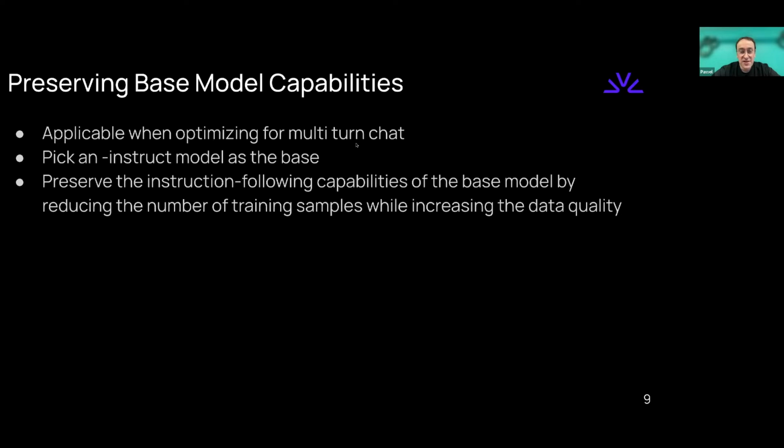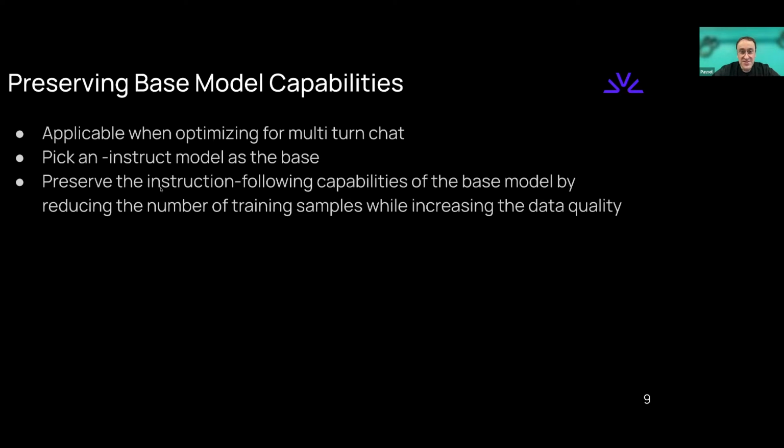So what we are doing nowadays when tuning function calling models for those more complicated objectives, we try to preserve the existing instruction following capabilities of the model we are tuning on top of, while adding function calling on top of them. To do that, you should pick the instruct version of the model, not the bare bones version of the base model when you are doing tuning.